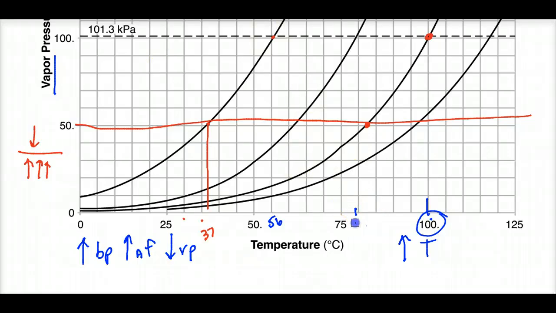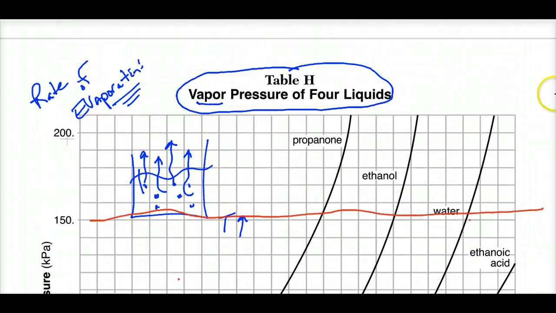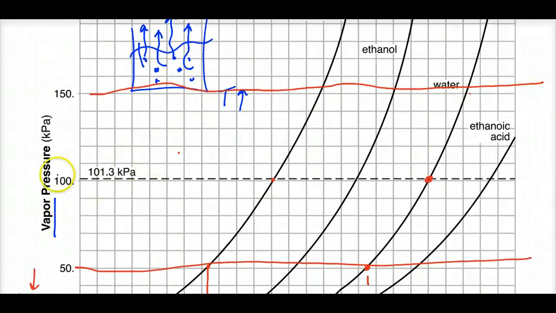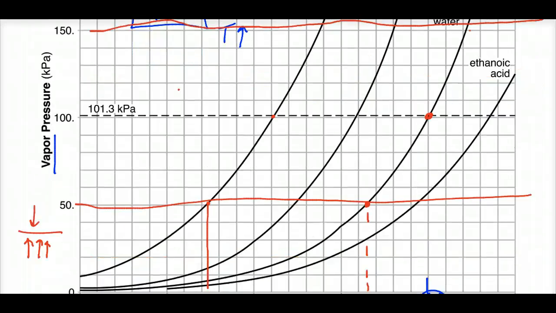But for water, it'll boil at approximately 82 or 83. So on top of a mountain, water boils at a lower temperature. If I gave you the pressure to be higher, you just read that temperature. So it's very simple. Vapor pressure equals the atmospheric pressure when it boils. All right, moving forward.